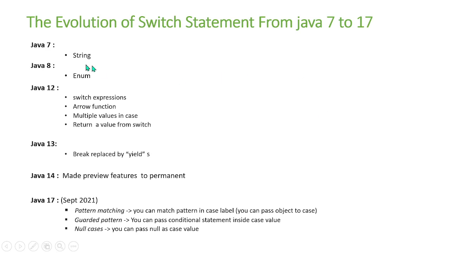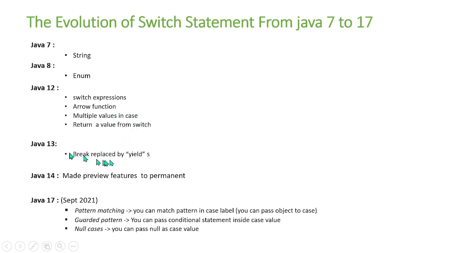Okay. So in Java 7 we got string, and Java 8 enum. I don't know, enum came in Java 5, but in which version they introduced enum in switch, I don't know. I put Java 8. No need to remember which version it came, but we need to know what enhancements it had. So in Java 12 they introduced switch as an expression, and arrow function, even multiple values in a case label. And return also, we are able to return that switch.